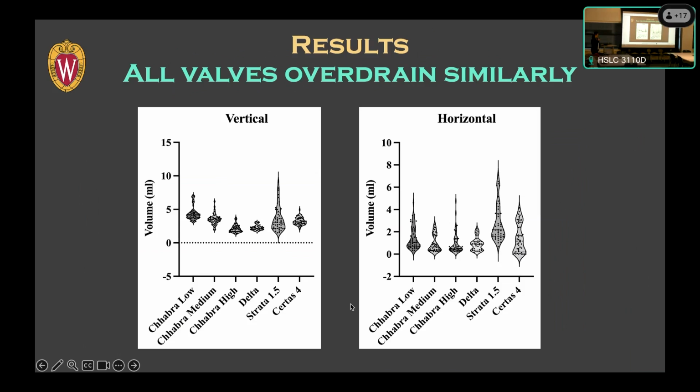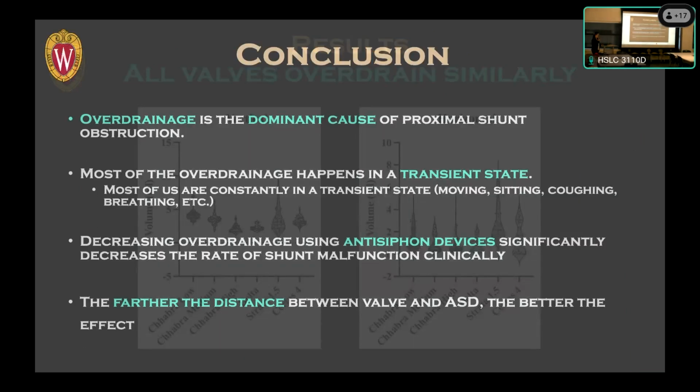The Certas, the Strata, and the Delta are very comparable to the Shabra valve in both the horizontal and vertical positions. What does this mean? None of these valves are smart enough to detect the orientation of the patient, the intracranial pressure of the patient, or the brain compliance of the patient. So they all work the same, with no difference in their function. This is all preliminary data.